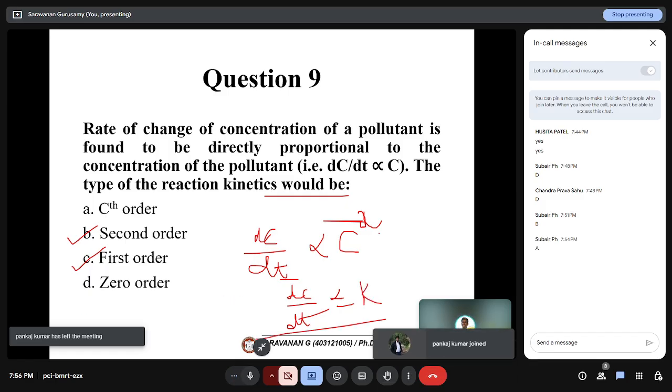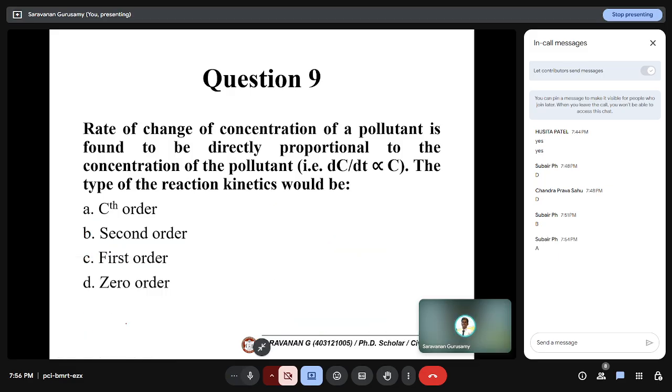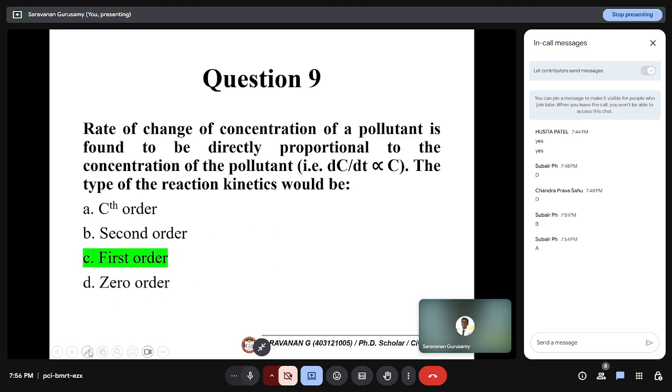How to draw this? Anyone know how to draw this? Let me draw this, erasing all in one slide. If there is no reaction, then it is a zero order or a single value.